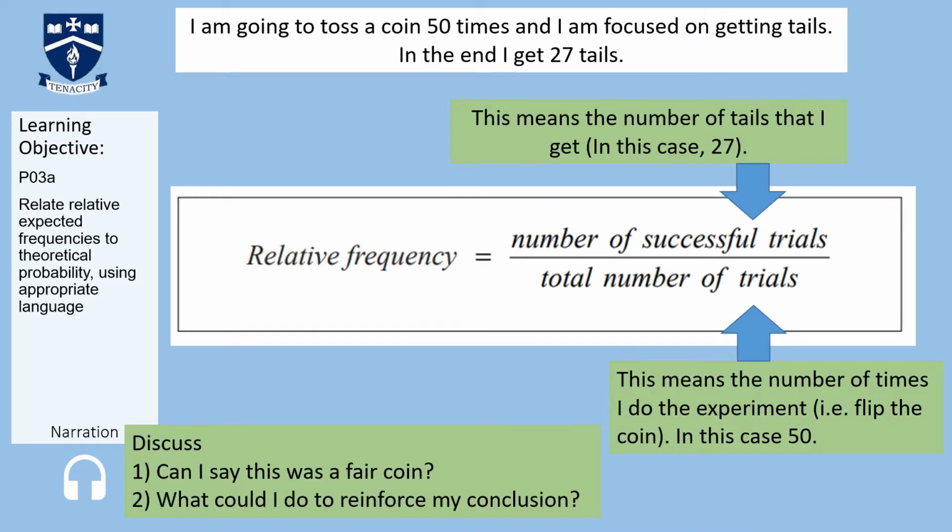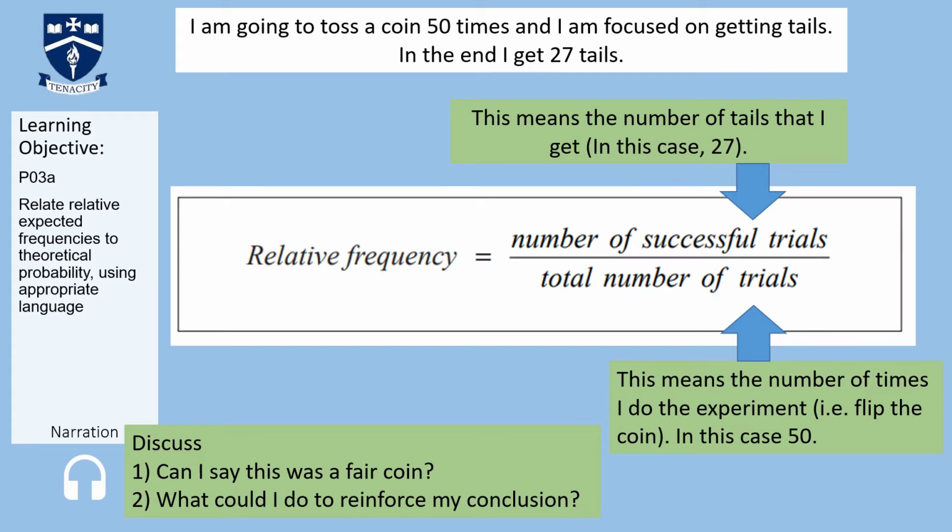This leads us to something called relative frequency. Relative frequency is different to probability. Relative frequency deals with actual results from things that have actually been done, or experiments that have been, in theory, carried out. So in this instance, we have a coin toss experiment in which a coin's tossed 50 times, and we're focused on getting the tails. I did the experiment, and I actually got 27 tails out of the 50 attempts.